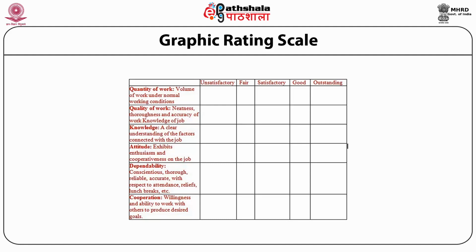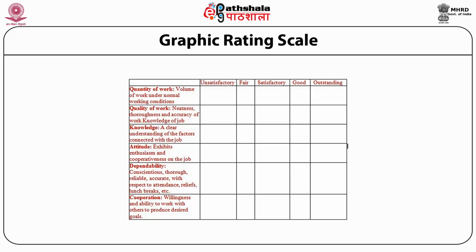Then comes the attitude, that what attitude he is having, his enthusiasm and cooperativeness on the job. After that comes the dependability, that is conscientious, thorough, reliable, accurate with respect to attendance, reliefs, lunch breaks, etc. In this again one can give the 5 point rating scale, as we can see, that is unsatisfactory, fair, satisfactory, good or outstanding.